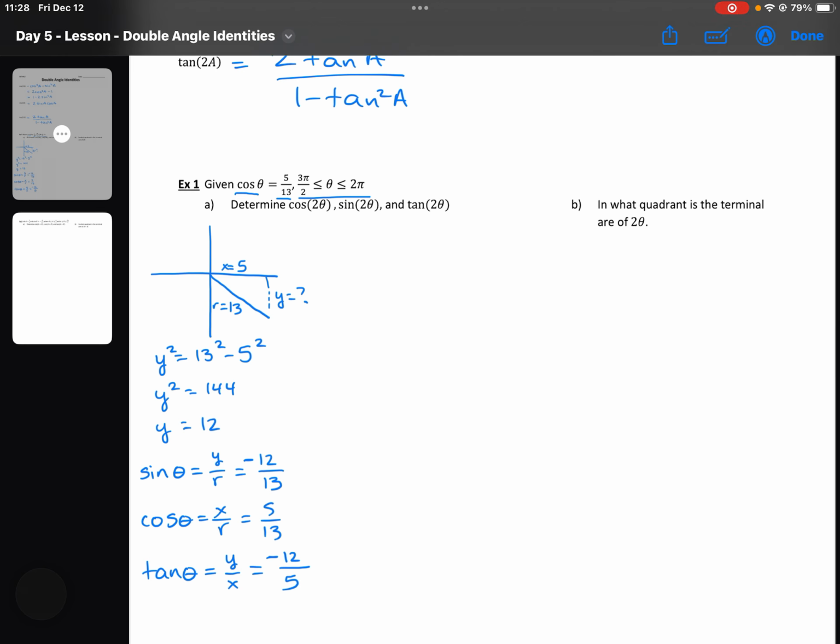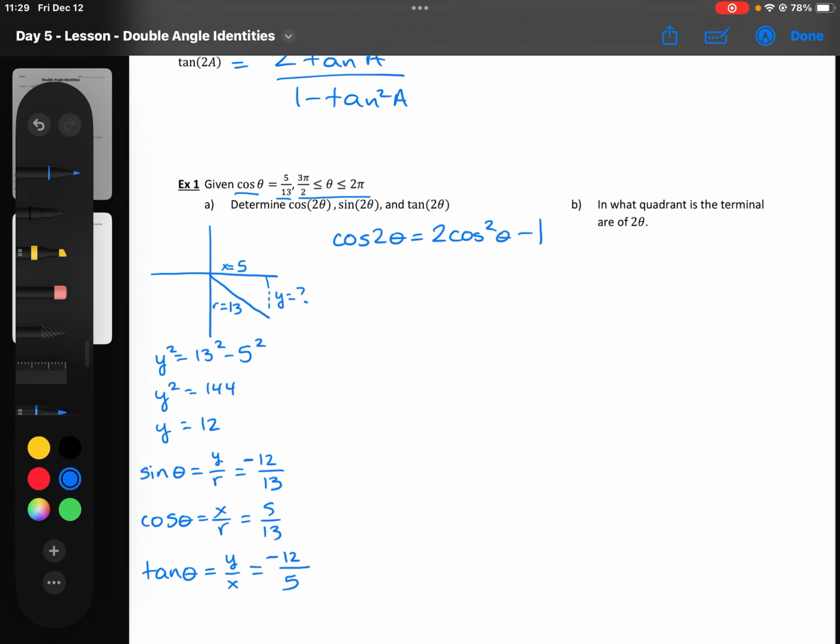Now I'm going to use these primary trig ratios combined with my identities to find the value of cos 2 theta, sine 2 theta, and tan 2 theta. Let's start with cos 2 theta. The one that I'm going to use is 2 cos squared theta minus 1. I'm going to replace cos theta with the value I calculated.